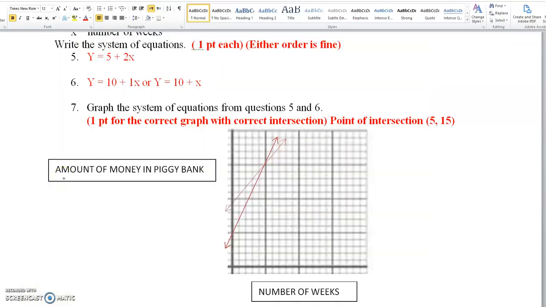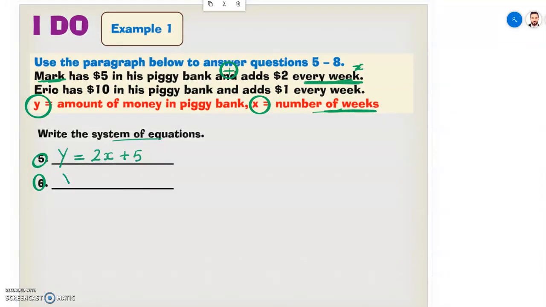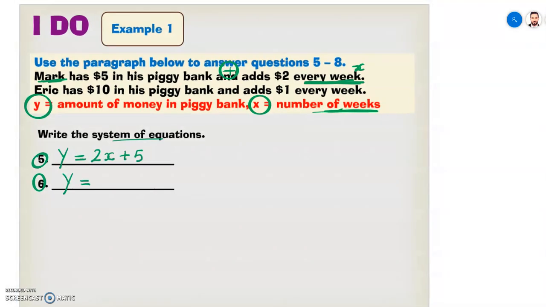So what does Eric have? Eric has $1 every week, so 1x, plus how many in his piggy bank? 10.